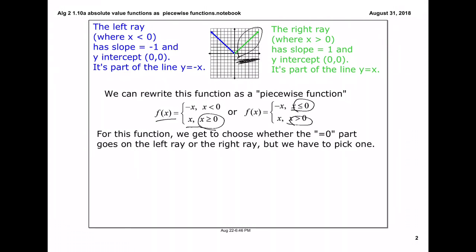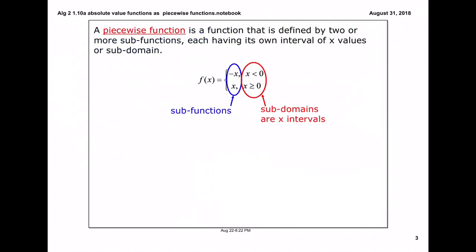For this function, we get to choose whether the equals 0 part goes on the left ray or the right ray, but we have to pick one. So your inequality symbols in all of your piecewise functions for absolute value are going to have one of the inequality symbols with an "or equal to" under it.